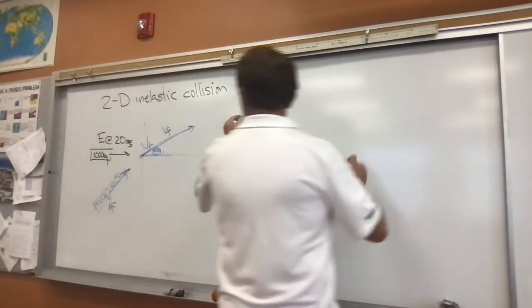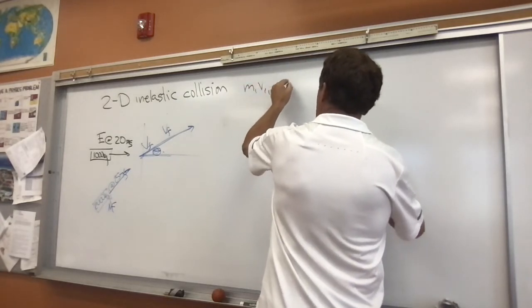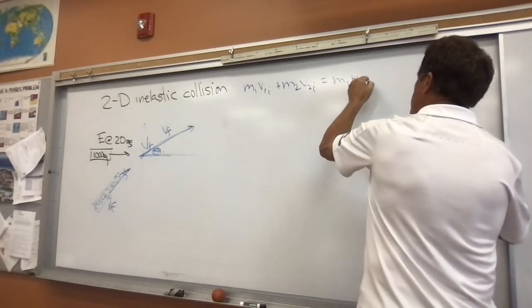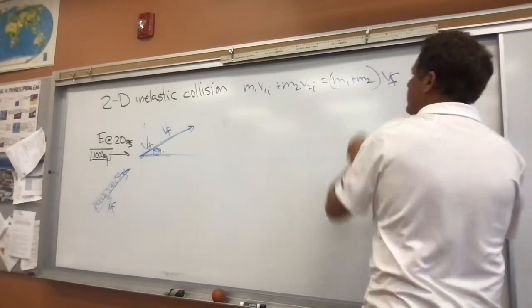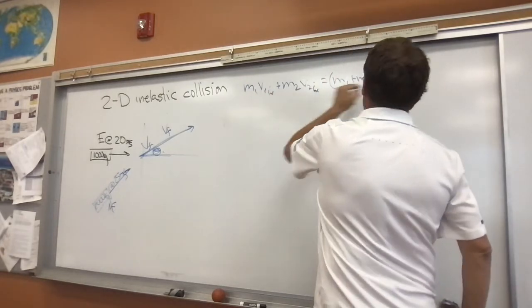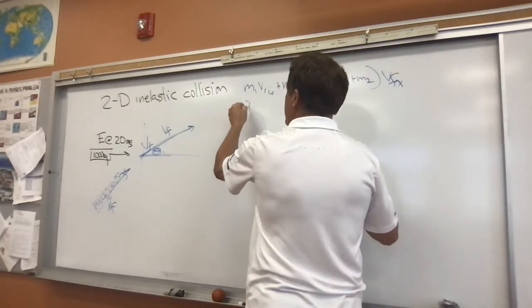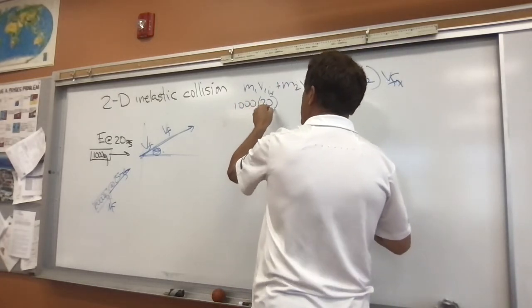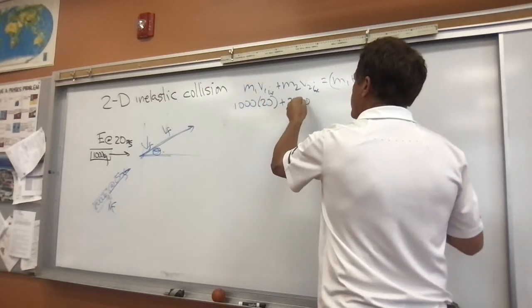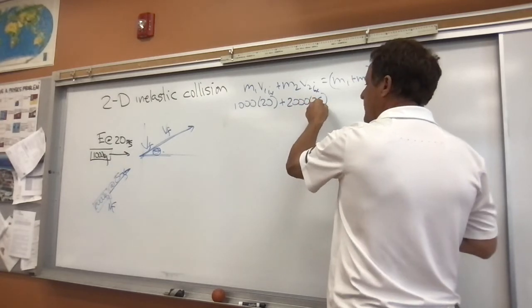So in the x direction, we're going to have m1v1 initial plus m2v2 initial is equal to (m1 plus m2) v final. Okay, so we know in the first case, these are all in the x direction. The first case, we're going to have 1,000 times 20 plus 2,000 times 25.